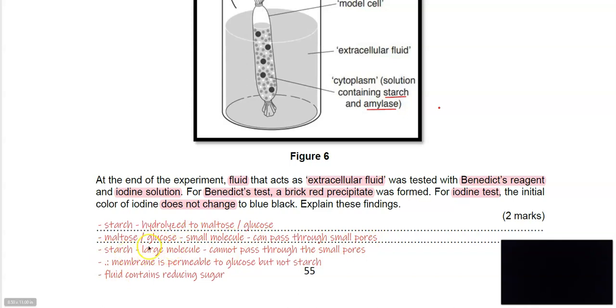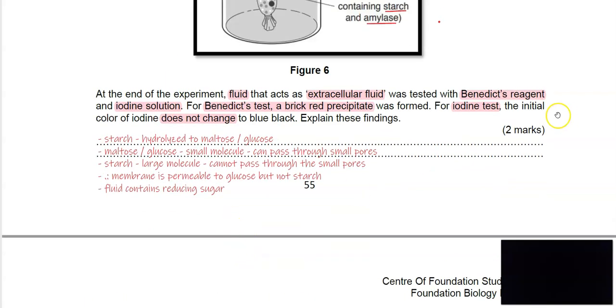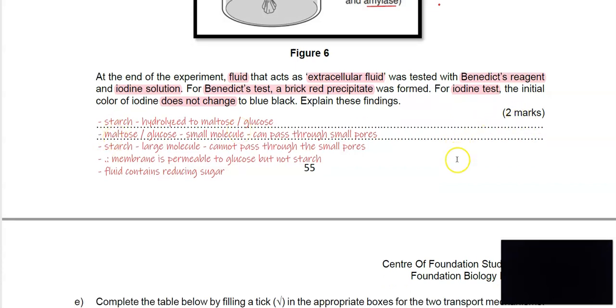As for starch, due to the large size of the molecule, it cannot pass through the small pores, so the membrane is only permeable to glucose or maltose but not to starch. Therefore no starch is present in the extracellular fluid, as it does not change the color of the iodine to blue black. To conclude, the fluid contains only reducing sugar but does not contain any starch. Any of these two points for two marks.